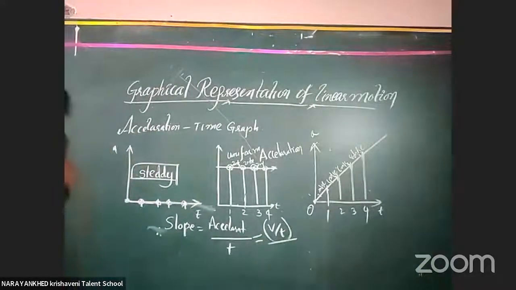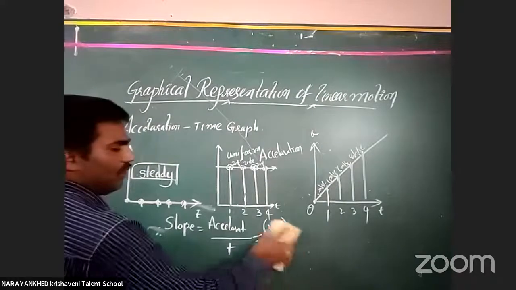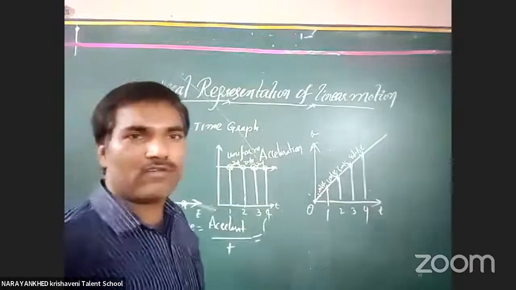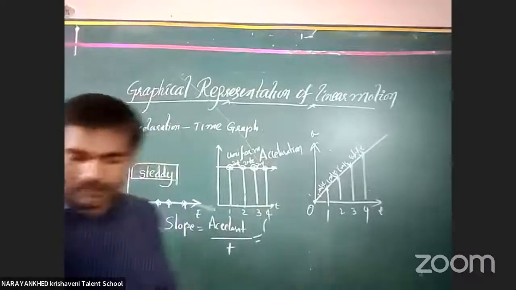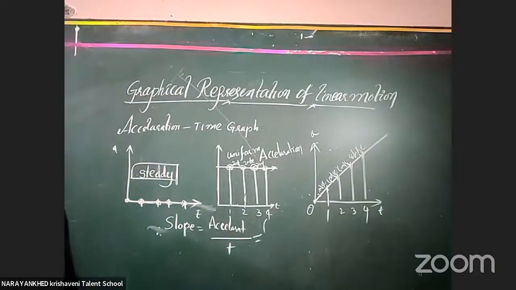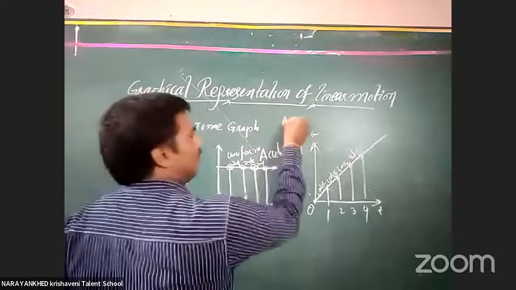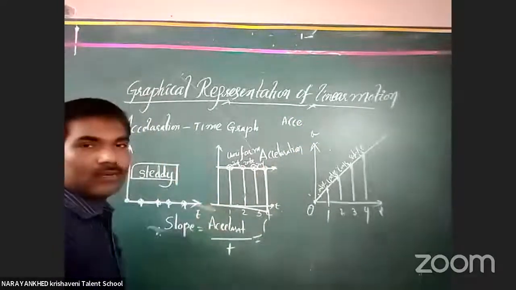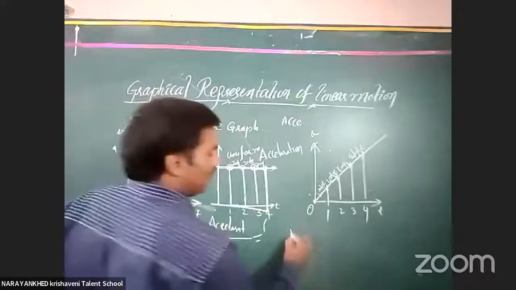Here it will also give the velocity. When you take the acceleration-time graph, it also gives velocity. How does it give the velocity? You know very well: acceleration into time. When we take acceleration into time, that is the area covered under this line.